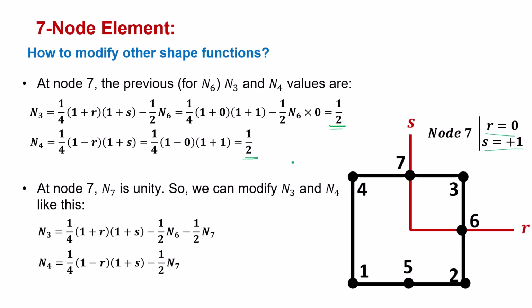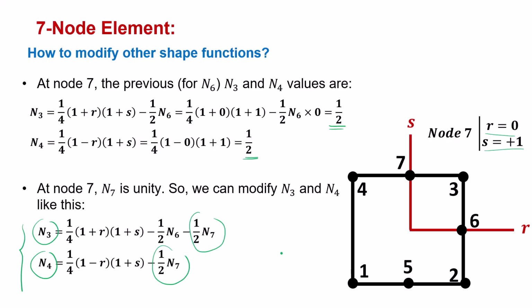But remember, at node 7 only n7 should be equal to 1 and all the other shape functions must be 0. So just like before, we fix this by subtracting half of n7 from both n3 and n4. That gives us the corrected forms, as you can see here.